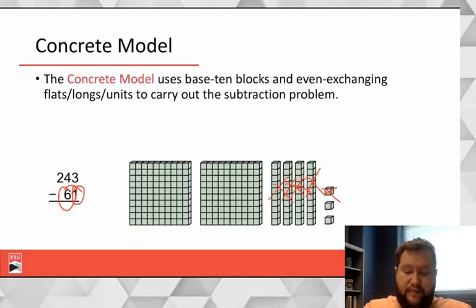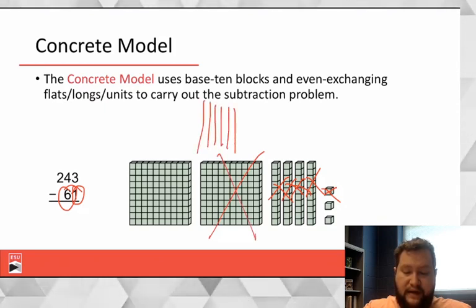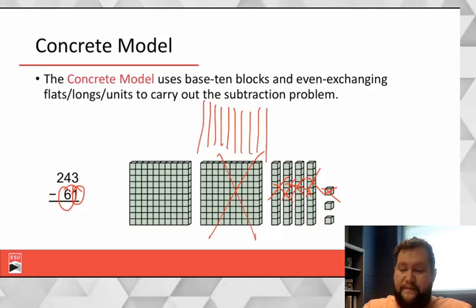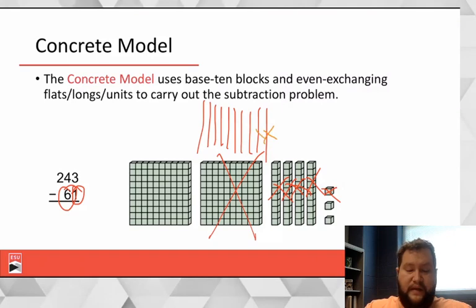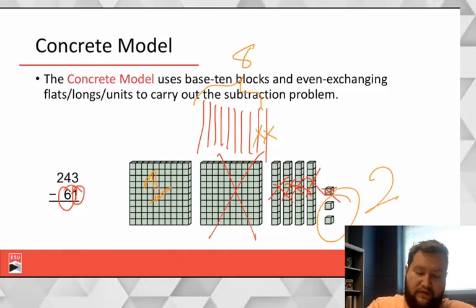So what we do is replace this flat with 10 longs: 1, 2, 3, 4, 5, 6, 7, 8, 9, 10. I still had to take away how many more? 2 more. That means I'm left with 1 flat and 8 longs and 2 units. So my difference should be 182.